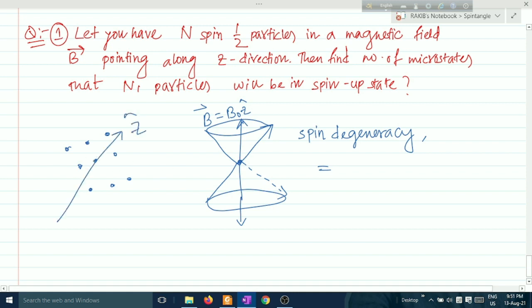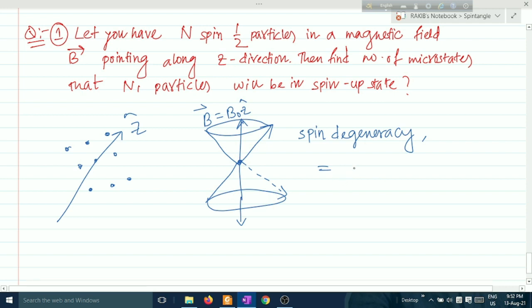Some particles will go in this direction and some particles will move in the other direction. This is the spin degeneracy. They all have the same energy, but they are different states. States having the same energy are called degenerate, and this is the result of spin degeneracy. Okay, what is spin degeneracy?